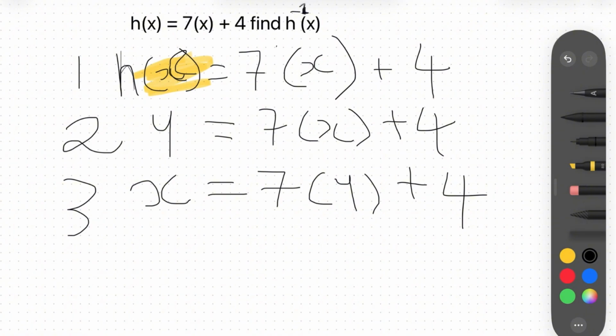While in step 3, we change the entire equation, with whatever letter or input that we have, we swapped it with the other. And remember, when we were doing relations, there are only two types of inputs, x and y. So if it's not x, it's y, and if it's not y, it's x. It cannot be anything else. So we change them all from x to y.